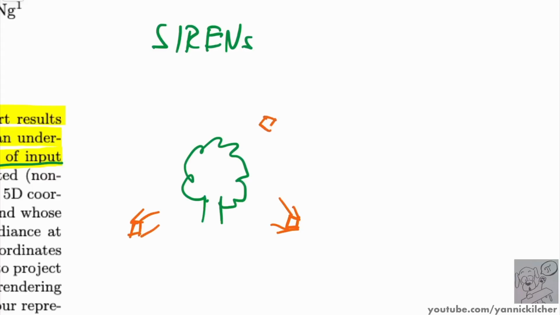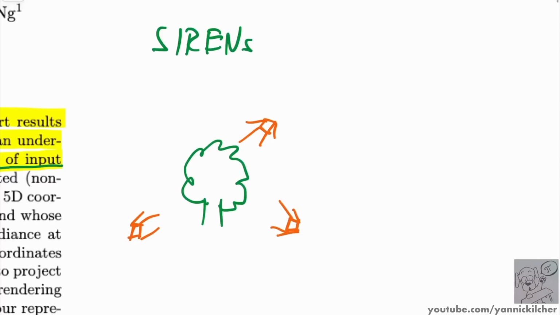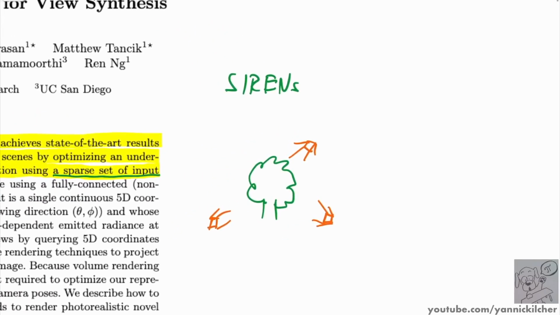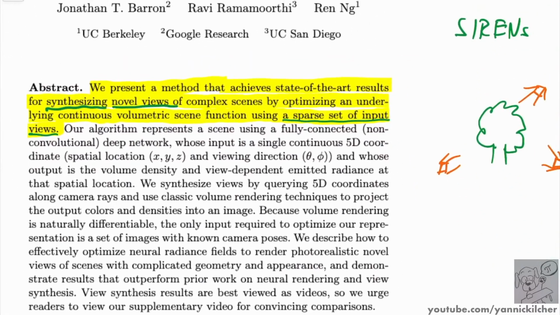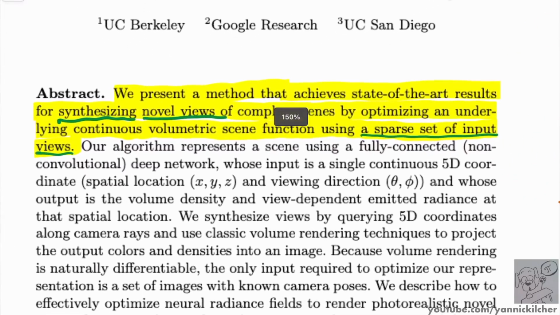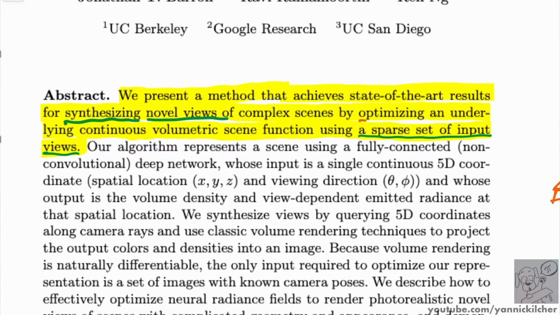Someone flew up here, took a picture of that tree. So you get a bunch of those. Maybe you get 20 or something around the tree. Maybe more, maybe less. So from these pictures, you want to build a thing that can generate any view from anywhere. Okay? And the way they do it is by optimizing an underlying continuous volumetric scene function.